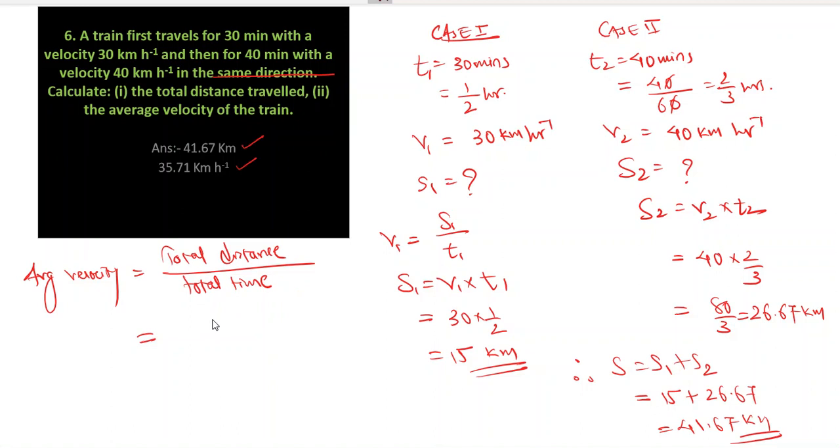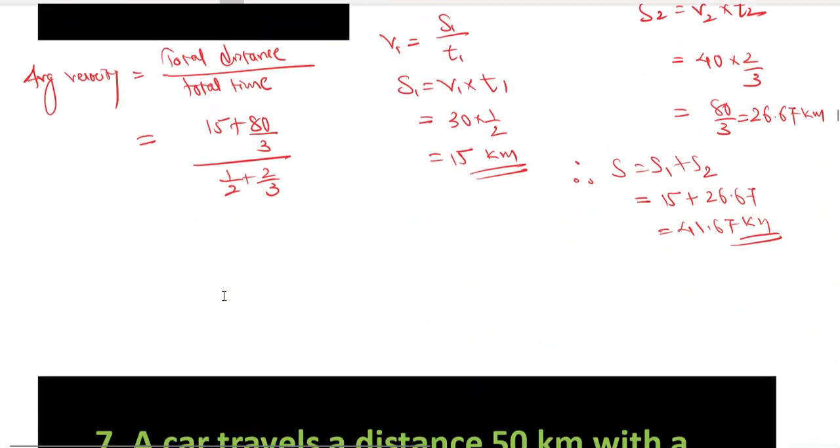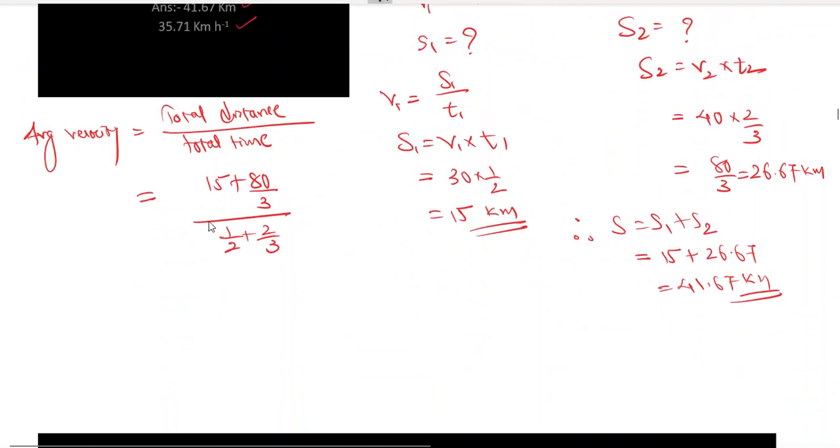So the total distance is 15 plus 80 by 3, and the total time is 1 by 2 plus 2 by 3. So this will become 45 plus 80 by 3, the whole upon 3 plus 2 by 6.